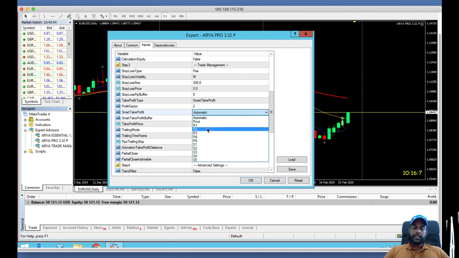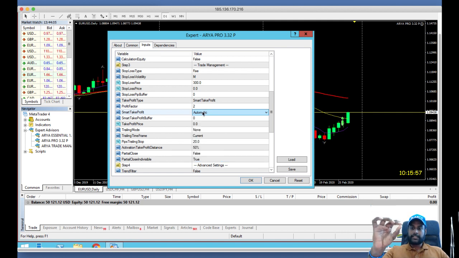I want, for example, ARIA to close my trade when S1 or S2 is achieved, or when the pivot point is achieved. So this is for people who are trading technical levels. Smart take profit buffer, so basically you add a buffer on your smart take profit, that's not very hard to understand.